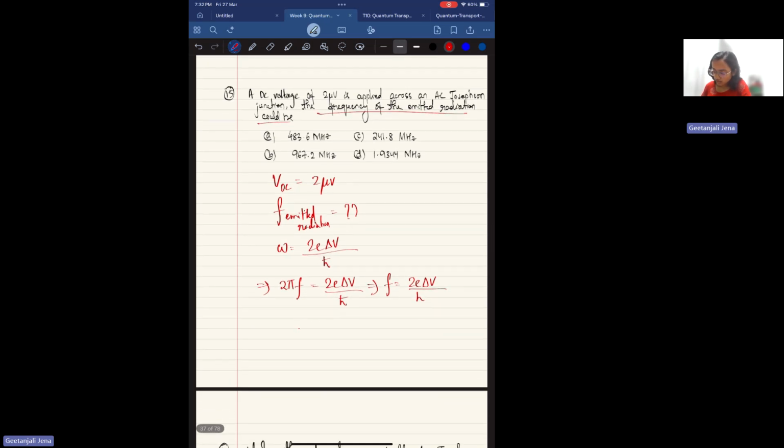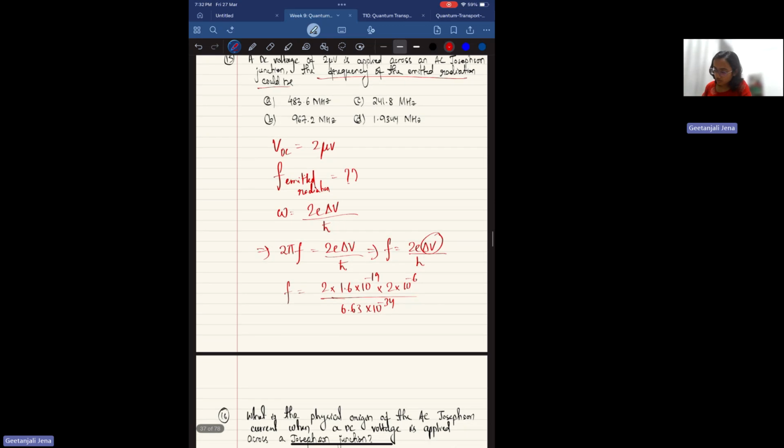Delta V is given, and e and h are known. So 2 times 1.6 times 10 to the minus 19, times 2 microvolt, divided by h, which is 6.63 times 10 to the minus 34.